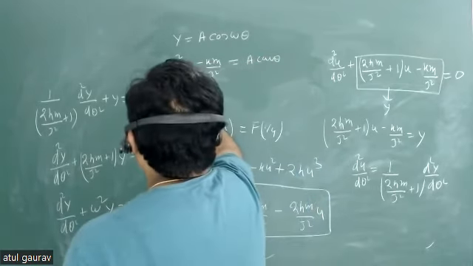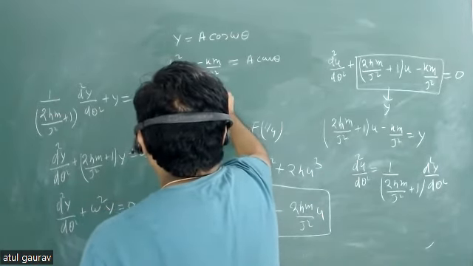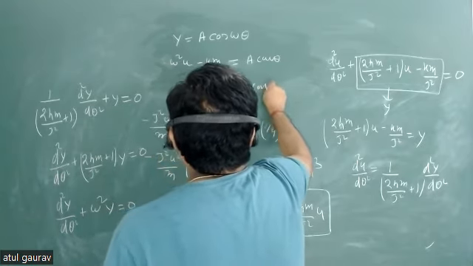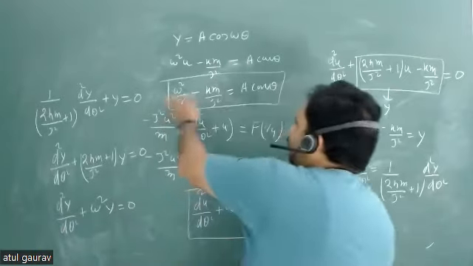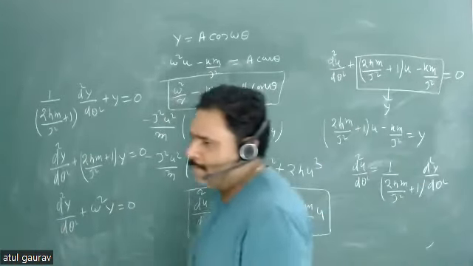So omega square by r minus km upon j square is equal to a cos theta. This will be your solution, and this is more or less the equation of conics, isn't it?